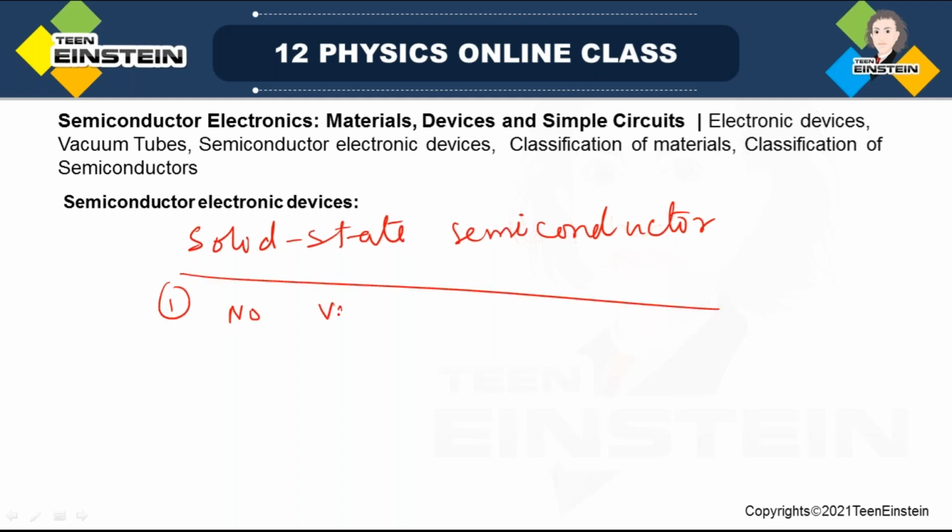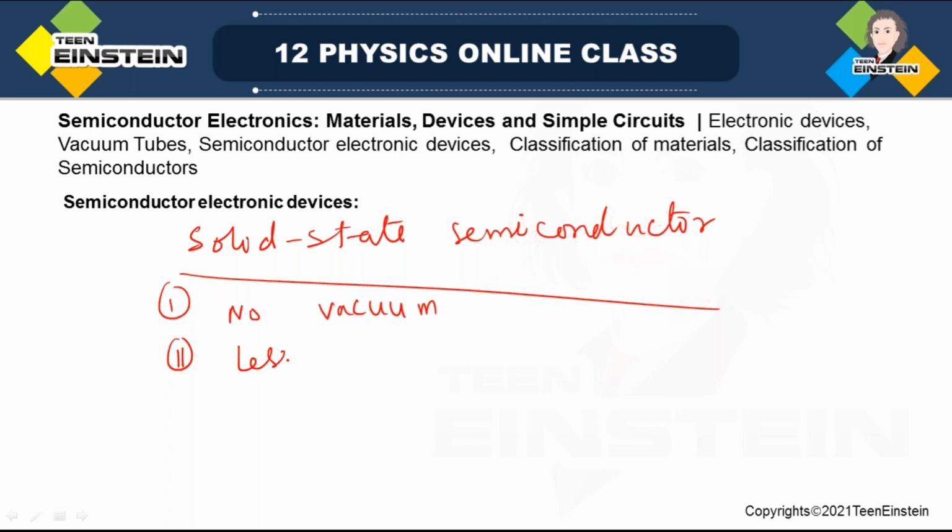No vacuum needed. Okay, let me write just small points. No vacuum needed.